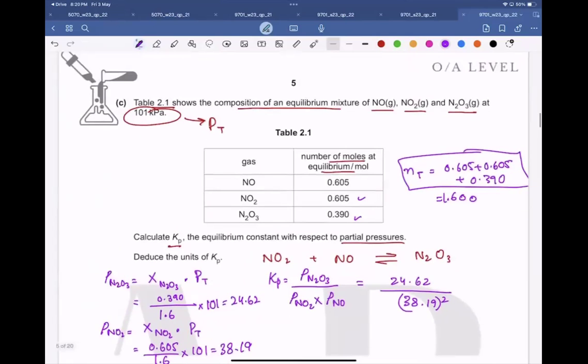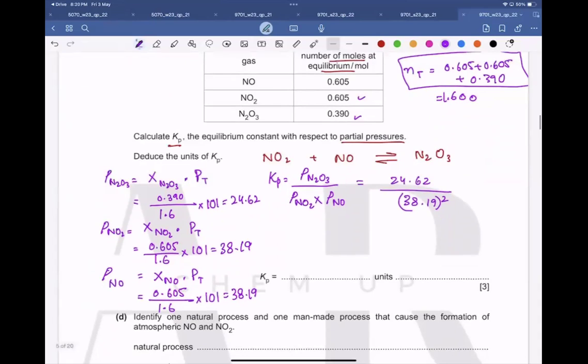If you see the total pressure has a unit of kilopascal, it means partial pressure is also going to have a unit of kilopascal. So kilopascal over kilopascal squared. So we are left with kilopascal inverse. Now, can anyone calculate the answer for the Kp value and tell me, please?